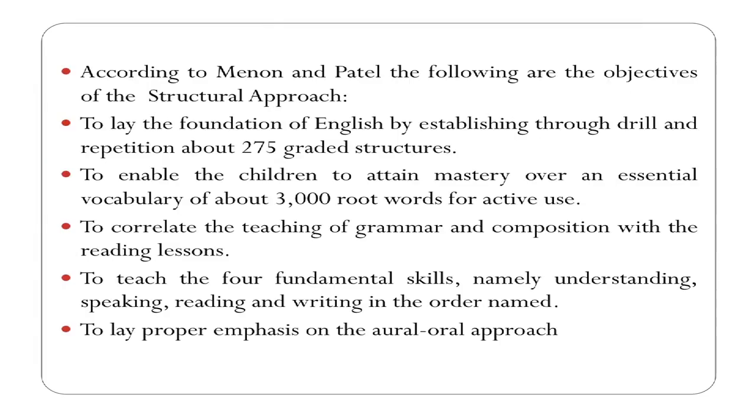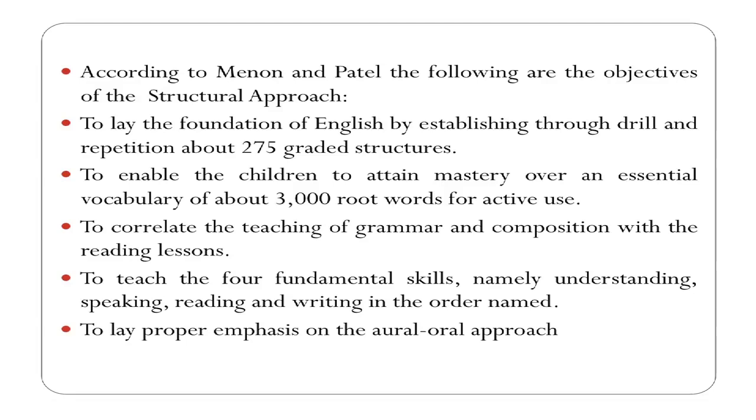According to Menon and Patel, there were some objectives of this structural approach. Let's focus on those. To lay the foundation of English by establishing, through drill and repetition, about 275 graded structures, which a teacher has to cover and select as per the need and level of the students.